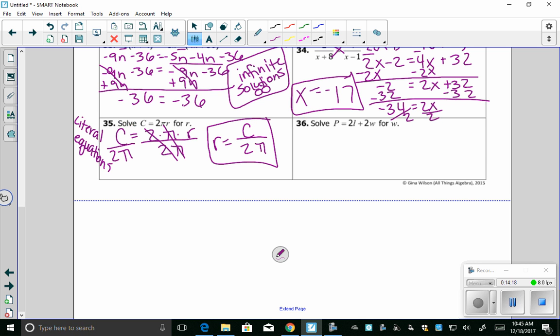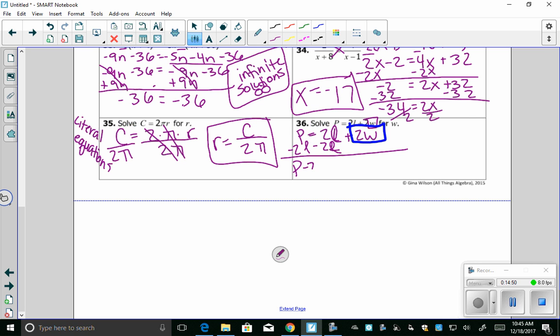Number 36, solve for w. So this time, everything's not being multiplied. So I can't really do that step that I did on problem 35. So I'm going to have p equals 2l plus 2w. Because I'm trying to get this by itself, I first have to remove the 2l. To remove the 2l, I'm going to subtract it from both sides.